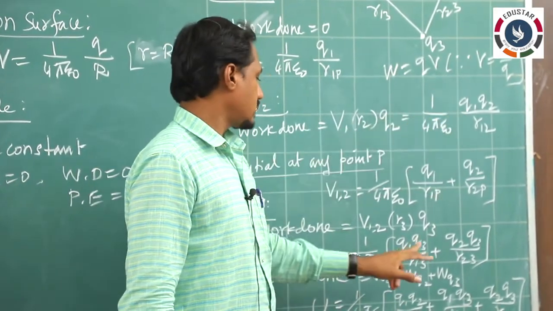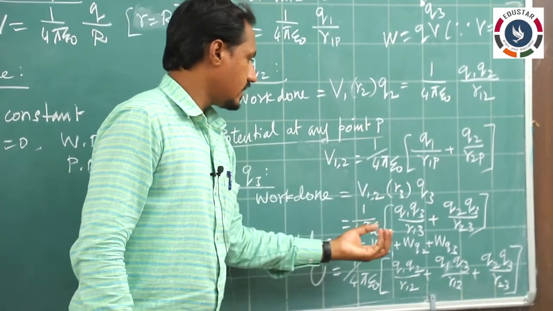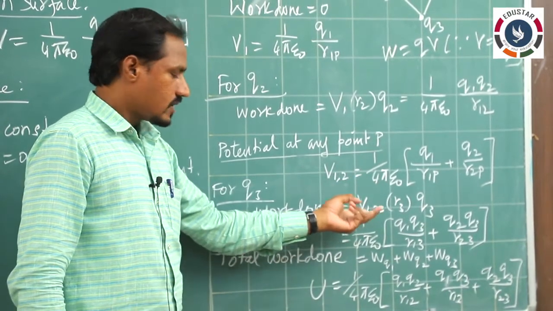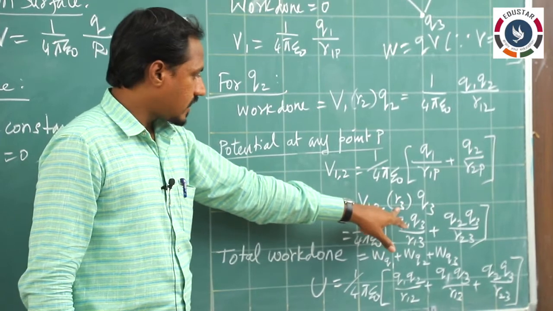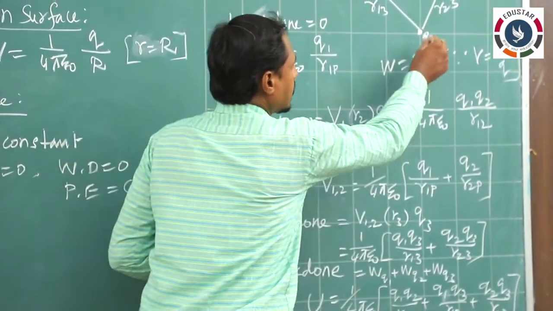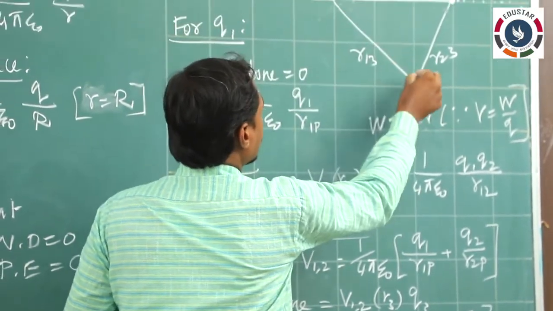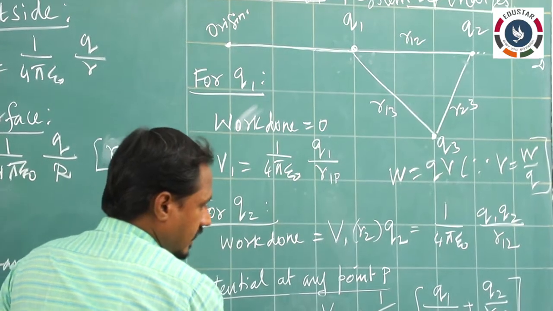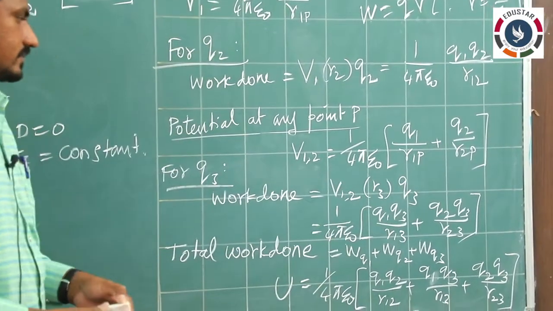Here V of 1, 2, because before the third charge is brought, two charges are already there. So, V of 1, 2 at point R3. We are bringing Q3 from infinity to this point, R3, against the potentials of Q1 and Q2. That is why we write V of 1, 2 at R3 into Q3.